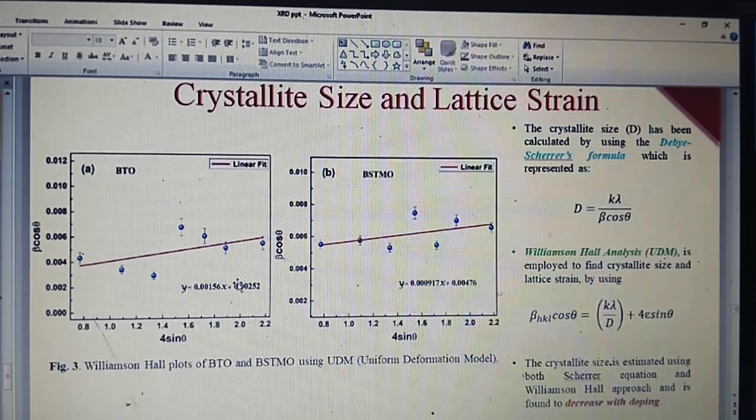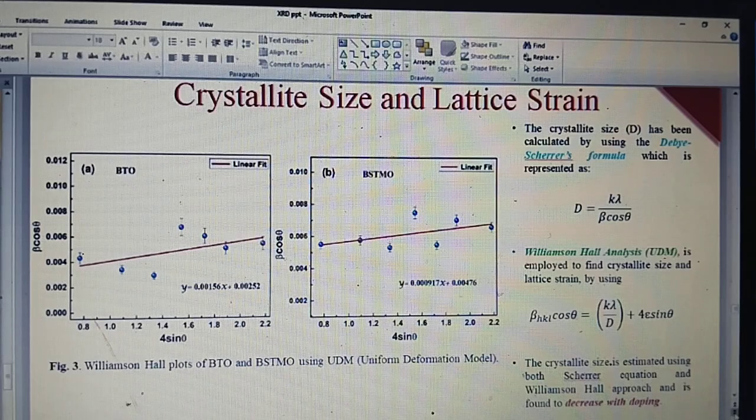For the same sample, same material, the Williamson-Hall value is a little bit higher than what you get with the Scherrer equation, because there we also take into account the strain of the lattice, and that's how we get a little bit of increase in the size observed.